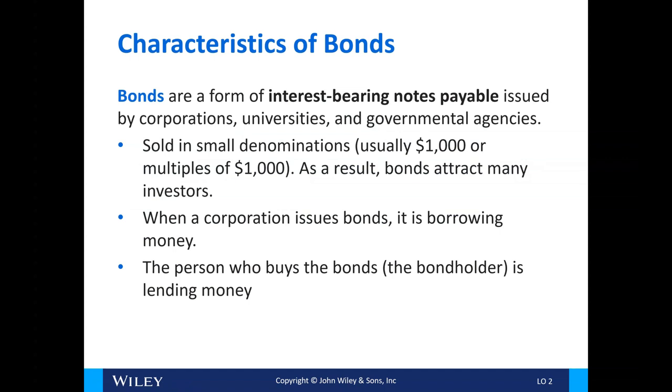Although with our $1 trillion deficits, I'm not sure how long that's going to last. But you buy a bond, you give a company $1,000, and they're going to pay you interest, and then at the end of a period of time, they're going to give you your $1,000 back. Or you can buy $10,000 or $20,000 in bonds.